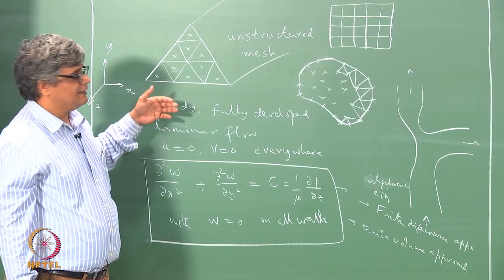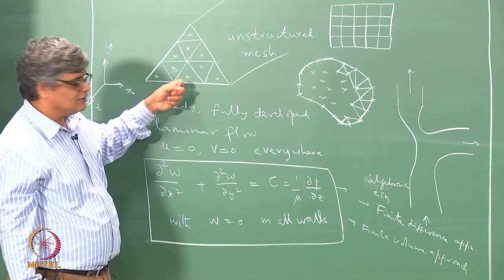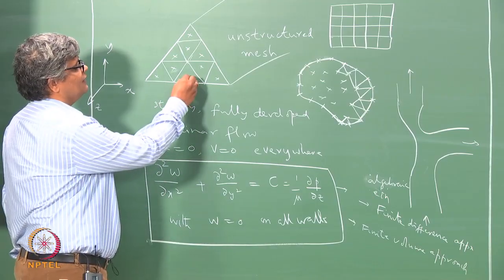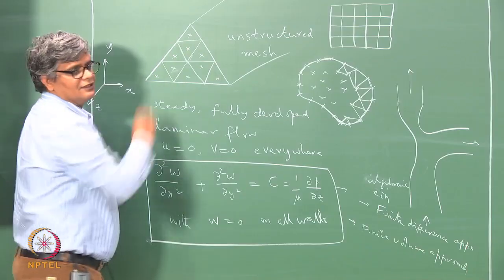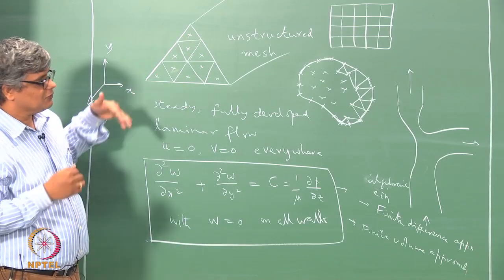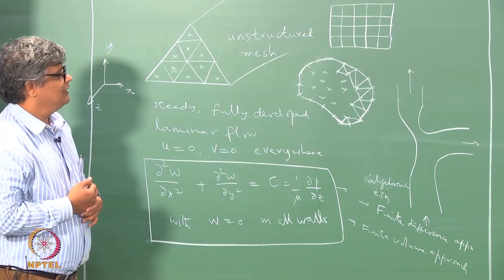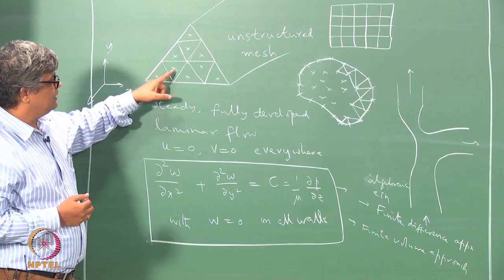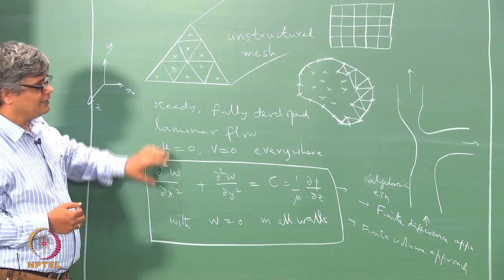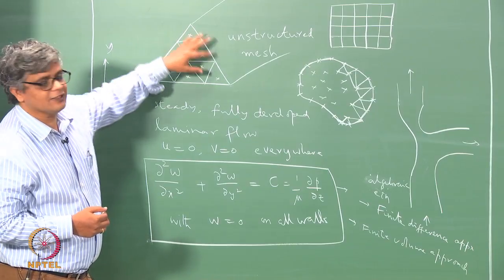So, that approach is known as the finite volume approach, and as a result of this discretization, we end up again, just as we have done in the other case, with equations which have as variables the values of W at all these nodes. So, the only difference between the finite difference method and the finite volume method is how we do the discretization of this equation at these discrete points located throughout the domain.